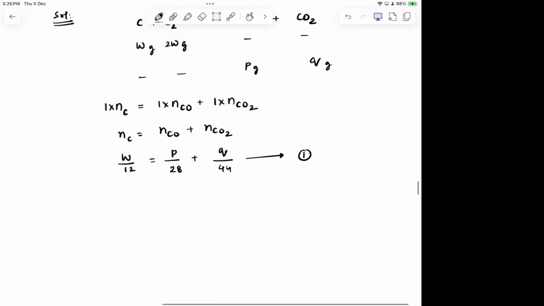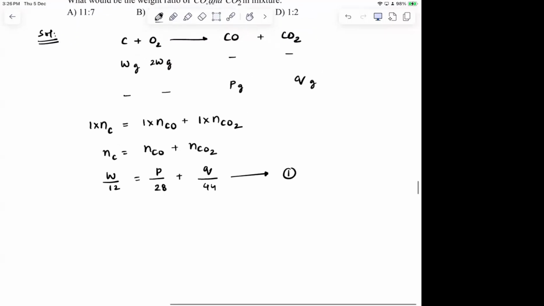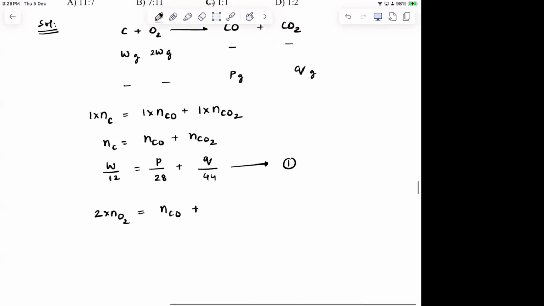Similarly, if you notice the same thing for O2 conservation, what can we write? 2 times the number of moles of O2 is equal to 1 times the number of moles of CO plus 2 times the number of moles of CO2.